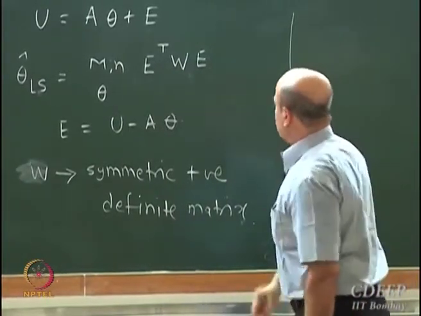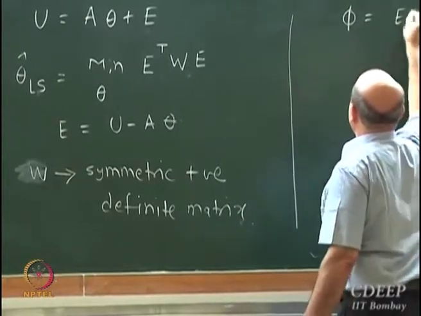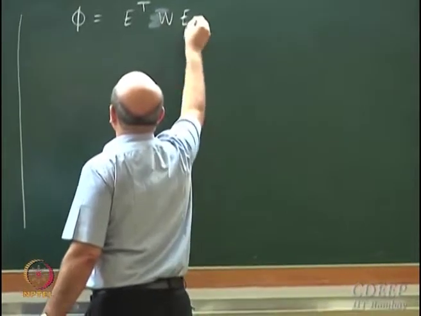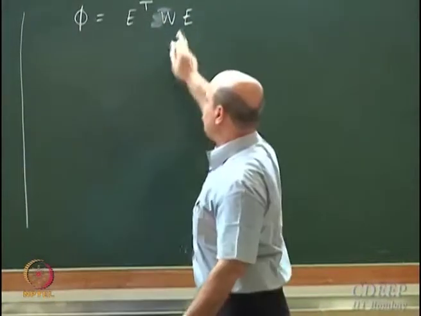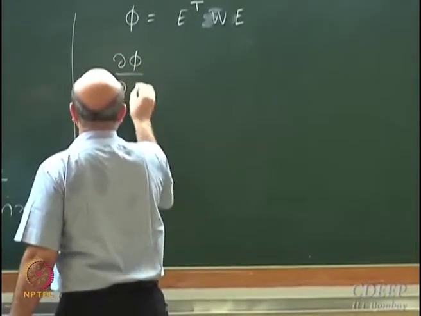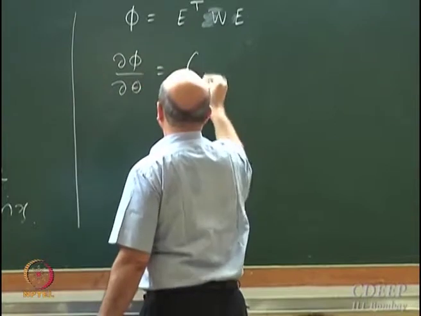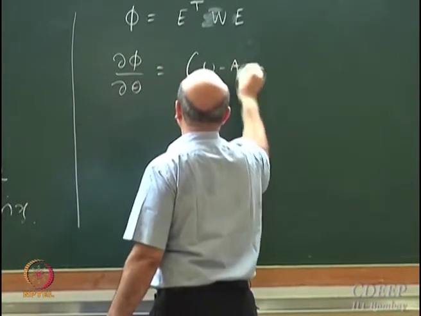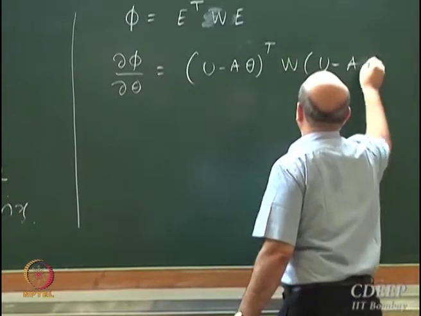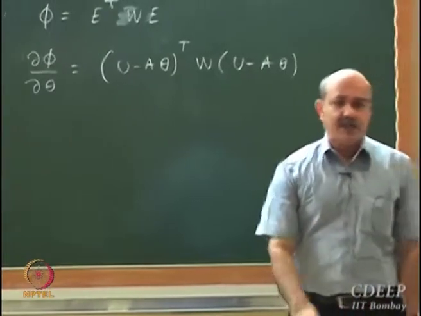So if I have this phi which is E transpose W E, then if I use the necessary condition for optimality, then it is dou phi by dou theta is equal to dou by dou theta of (U minus A theta) transpose W (U minus A theta), and then we had these rules of differentiation of a scalar function.